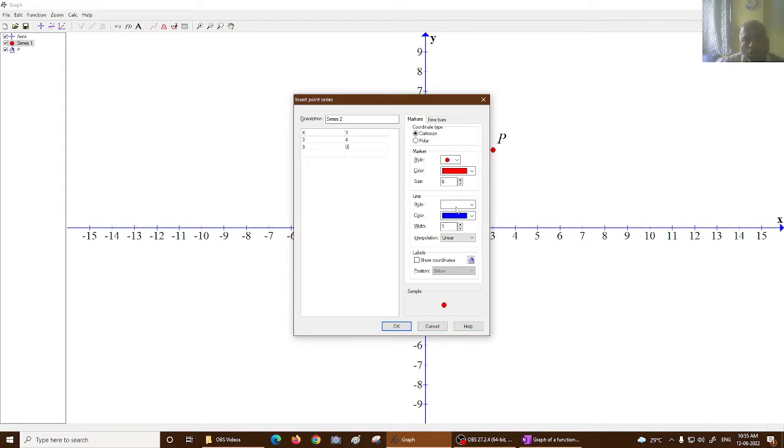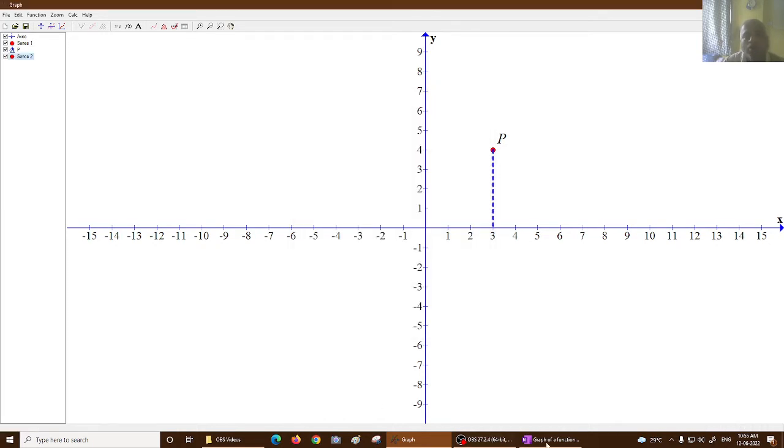On the x-axis I have drawn the perpendicular. You can see that it meets the x-axis at point 3, so the x coordinate of this point is 3.